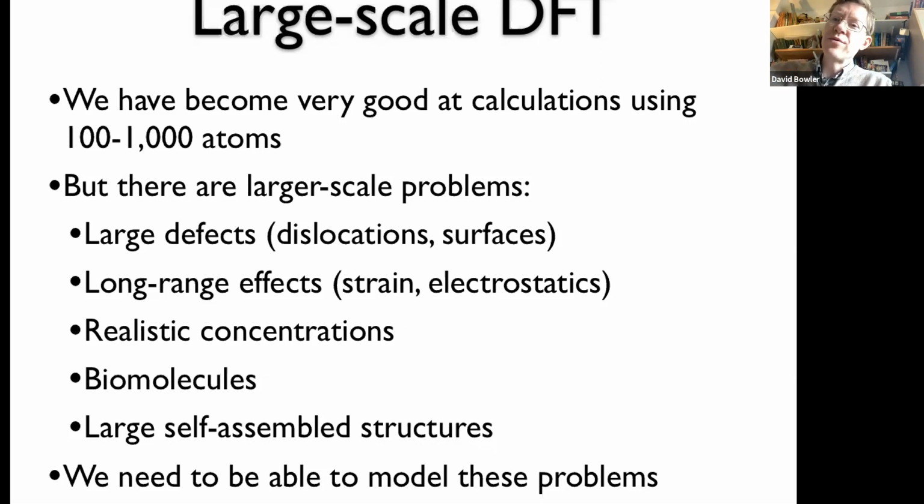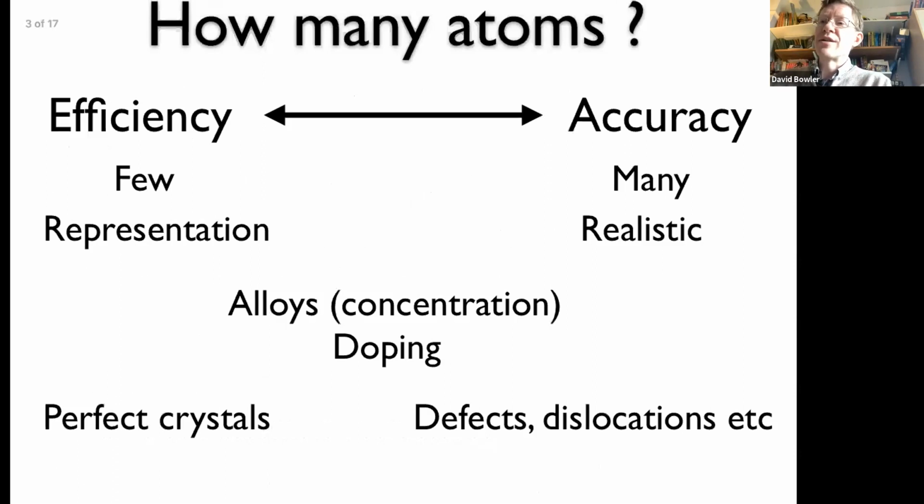We need to model these problems. And of course, you have to ask the question, how many atoms do we need? And there's always going to be a balance here. So you've got the balance between efficiency on the one hand, where fewer atoms and a representation of the problem works, and accuracy, where you need more atoms and it's more realistic. And the size of system that you need to worry about will depend on alloy concentration, doping, the size of the problem that you're interested in.